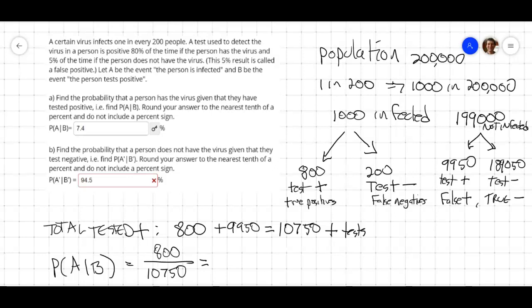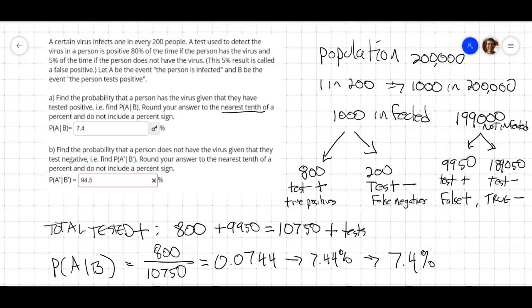So we work this out, and we get 0.0744. That's the probability. And now we can also go to 7.44%. And this question asks for the nearest tenth of a percent, so that would be 7.4%.